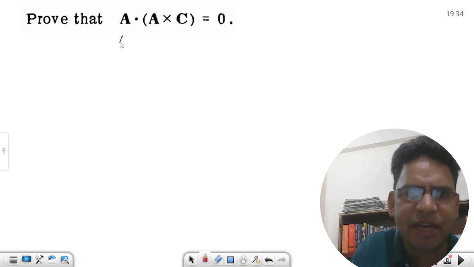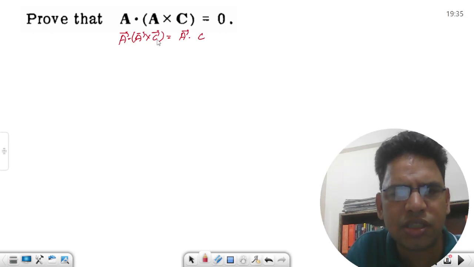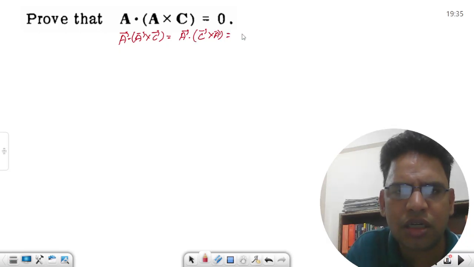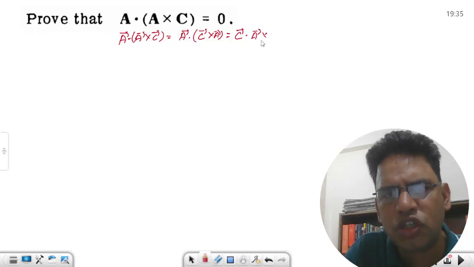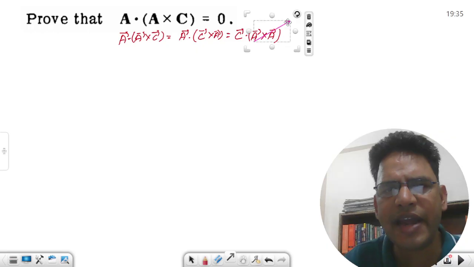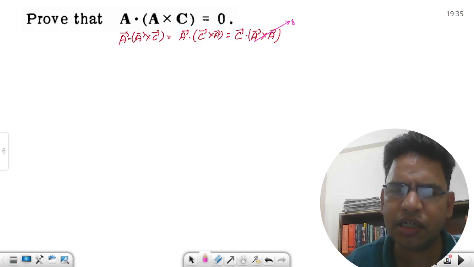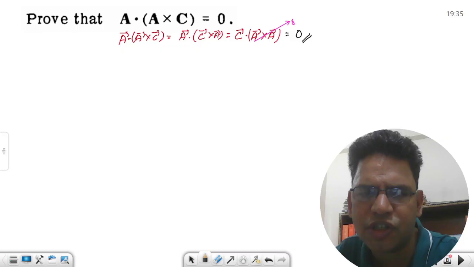A dot A cross C is the same as, again ध्यान से समझना, B dot C cross A, which is the same as C dot A cross B. जहां पर मैं A लिख रहा हूं, मान लो X Y Z है, तो Z डॉट C dot A cross A. Once you have two same vectors and you are taking the cross product, it is going to be 0. तो जब भी A डॉट A क्रॉस C में कोई भी दो वेक्टर्स सेम होंगे, योर आंसर इज गोइंग टू बी 0. सिंपल. ओके, एक लाइन में खत्म हो गया. इट वाज नॉट मोर देन वन लाइन.